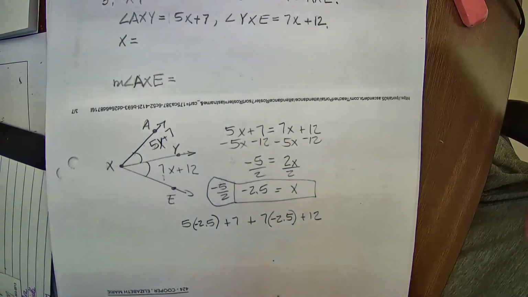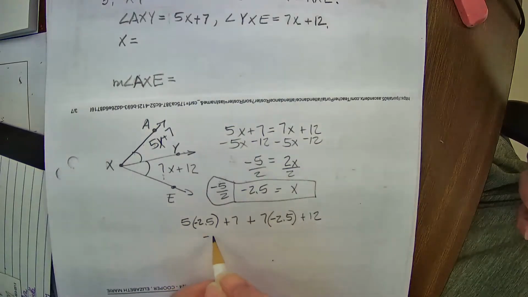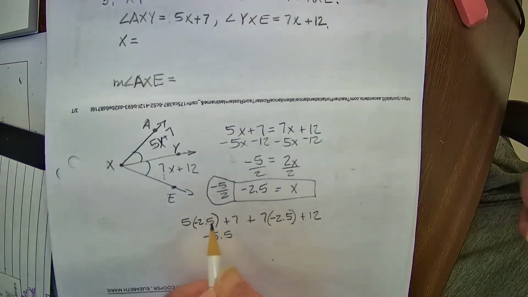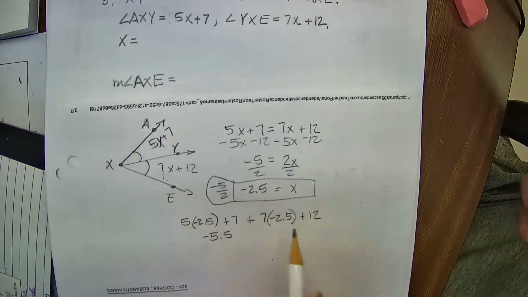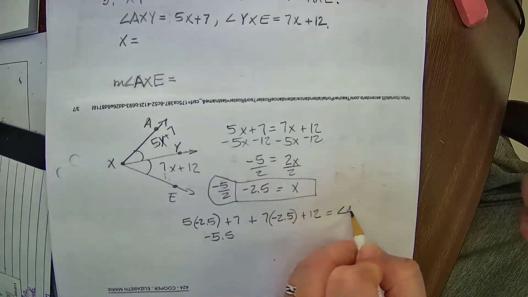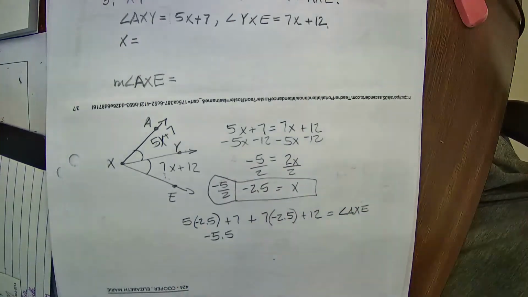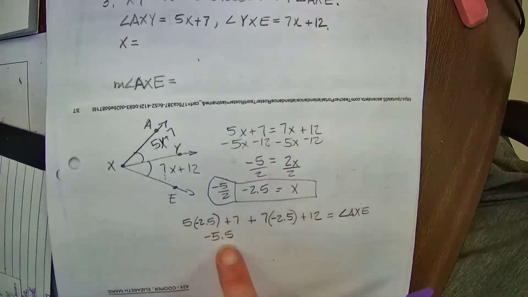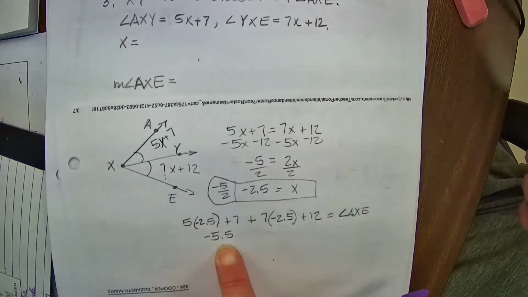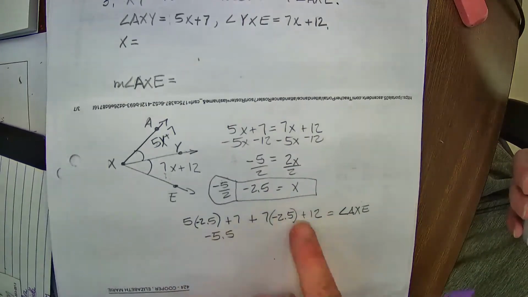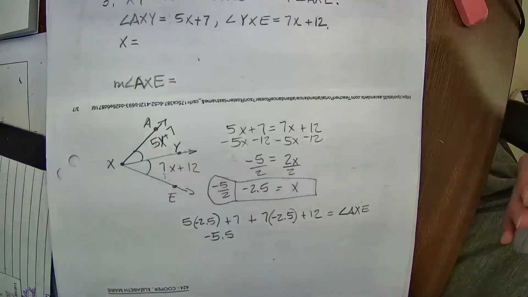I can plug in like that into both, because we need the whole thing. We need angle AXE. I was asking because you said there are two angles. Right, but I'm double checking to make sure that I did it right. Okay, if you go this longer way.